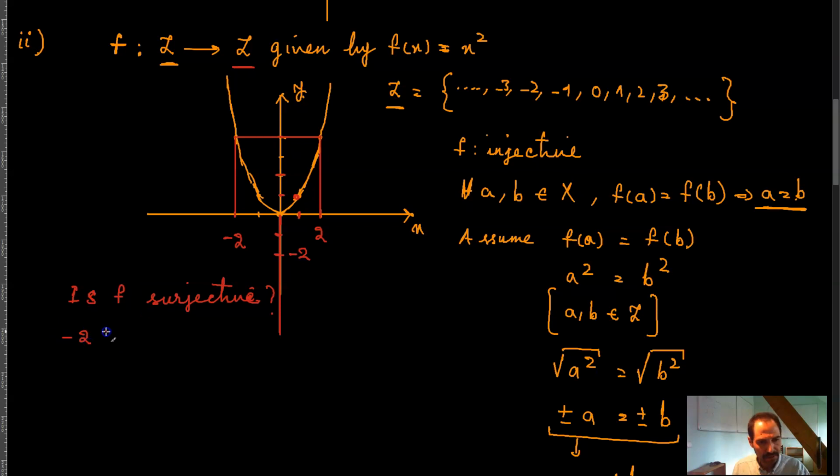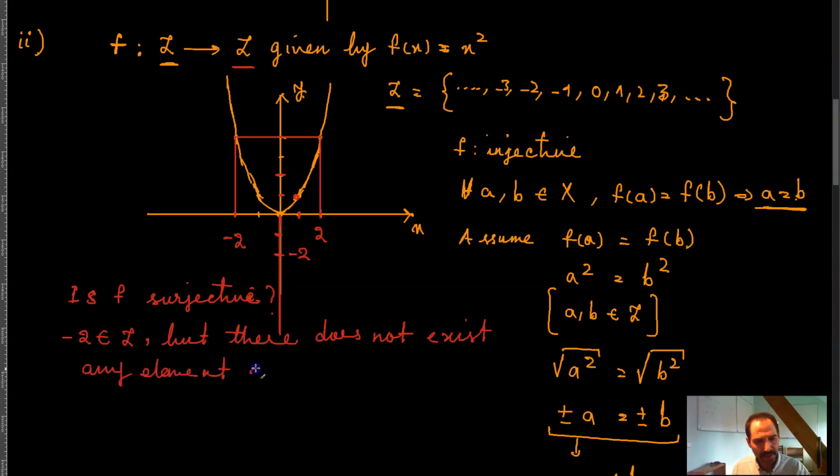You can say that negative 2 belongs to Z, but there does not exist any element x belonging to Z such that f of x is equal to x squared is equal to negative 2, right?